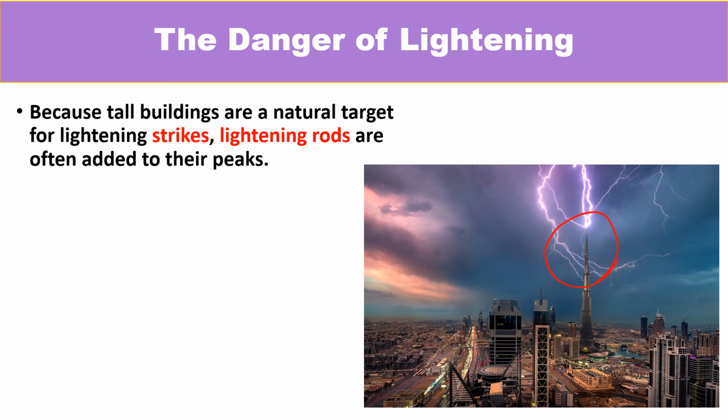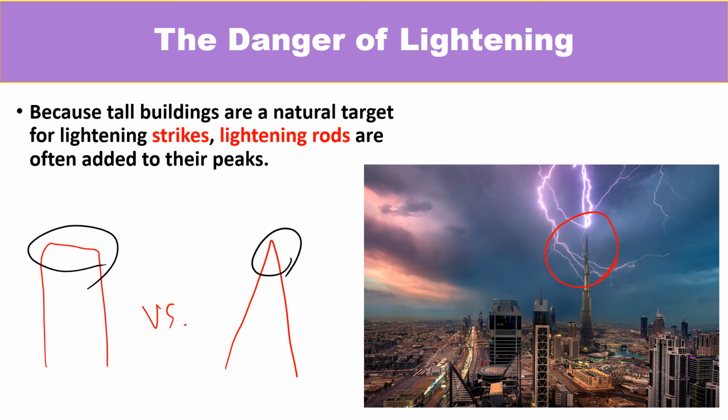If you have, for example, a tower that looks like this versus a tower that looks like this, I want you to think about the surface area. Surface area of building 1, surface area of building 2. Which one has a smaller surface area? Which is this one.